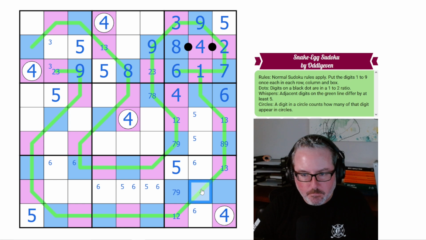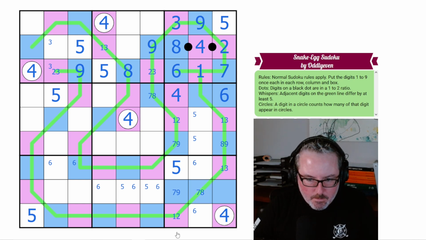Now, I can't rule out a 7 here. Because this could be 1, 2. This is either 7 or 8. This has to be a high digit. So let's mark that up because we've already got our 4 lows and our 5. Here we don't quite know.